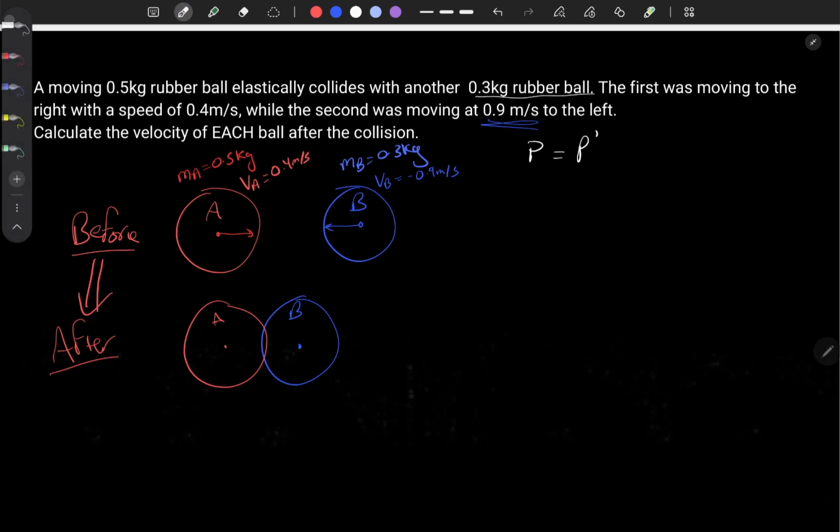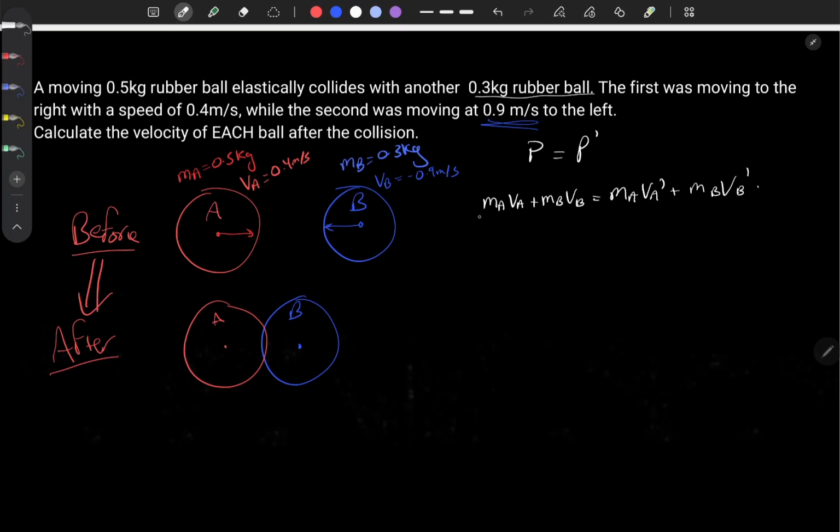So now that we have that in check, we're going to start writing down the expanded form of the formula. So we're going to say MAVA plus MBVB is equal to MAVA prime plus MBVB prime. Next, we're going to plug in our numbers.